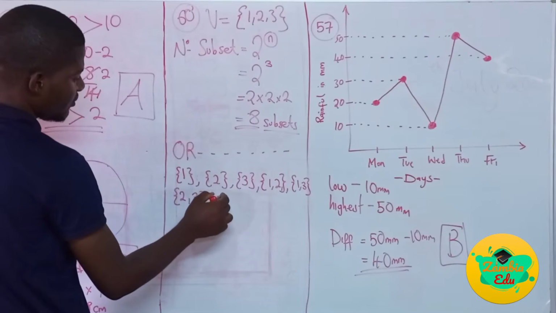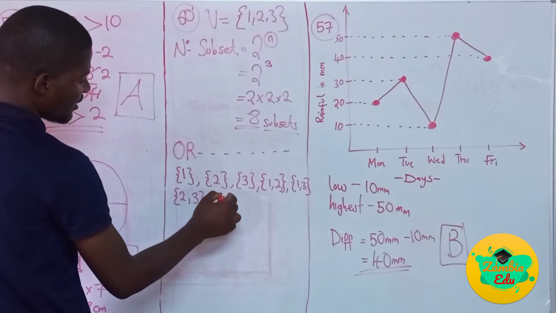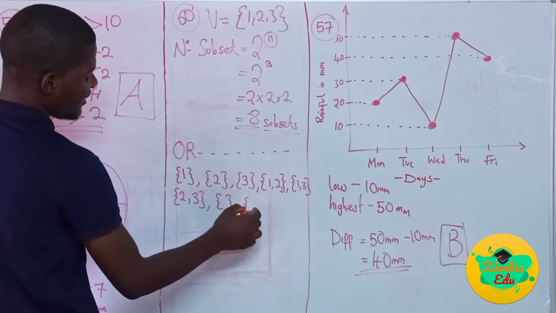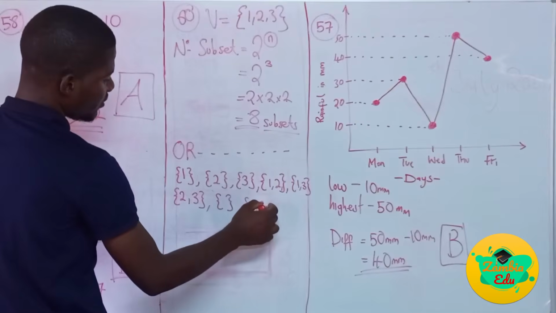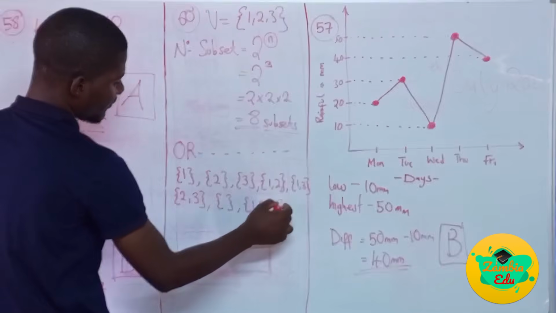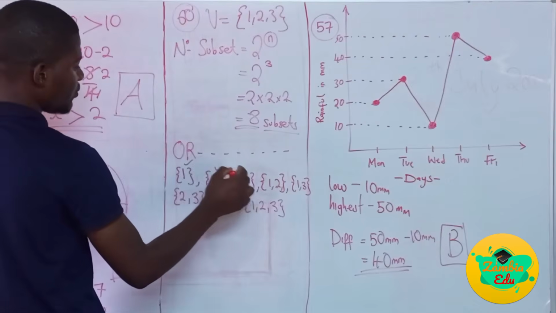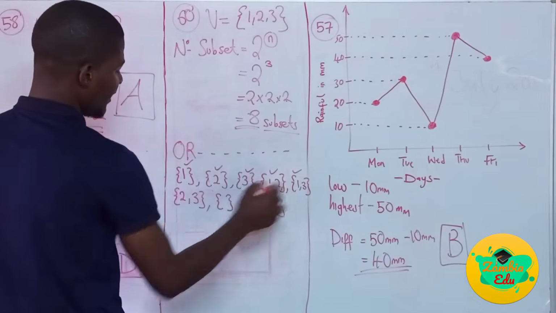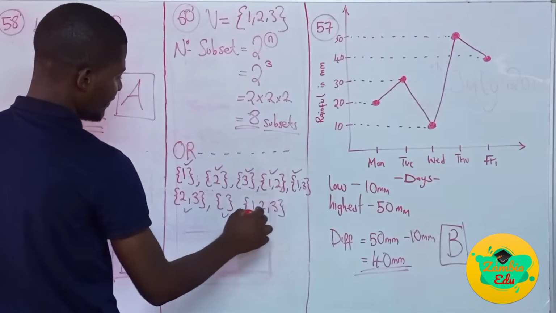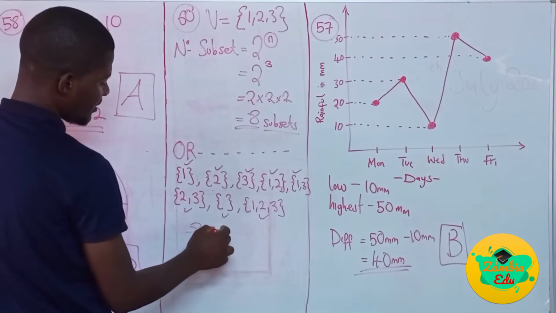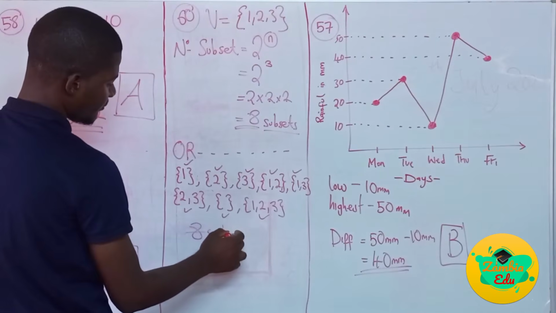Then the next one would be the empty set. And the next one would be the set itself, 1, 2, 3. Let's count what we have now: 1, 2, 3, 4, 5, 6, 7, 8. So these are 8 subsets together.